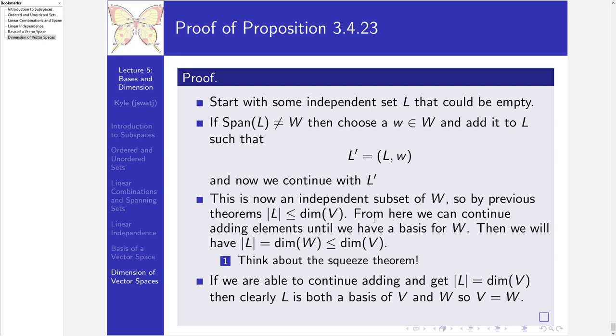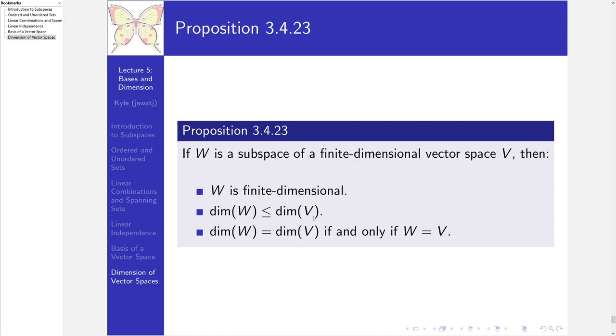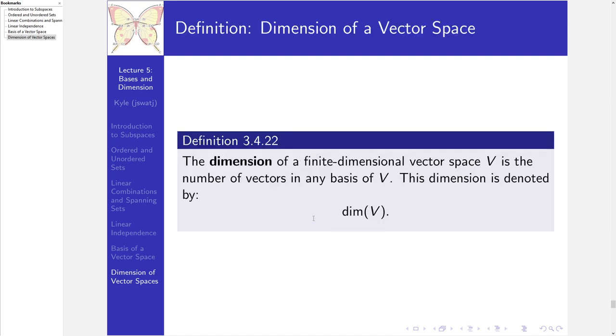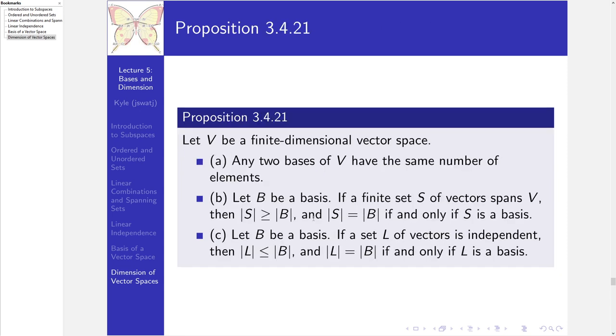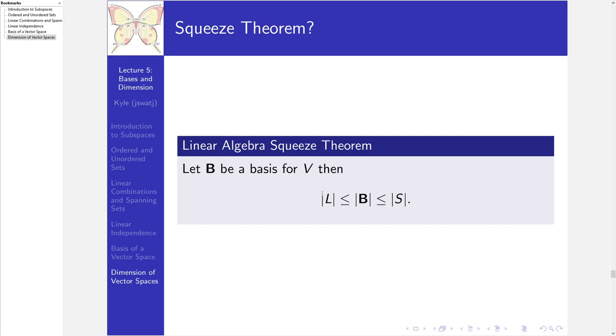So by our previous theorem, the size of L will be less than the dimension of V, which is what we talked about back here. Basically, the squeeze theorem. It's an independent set, so it would be less than the basis.